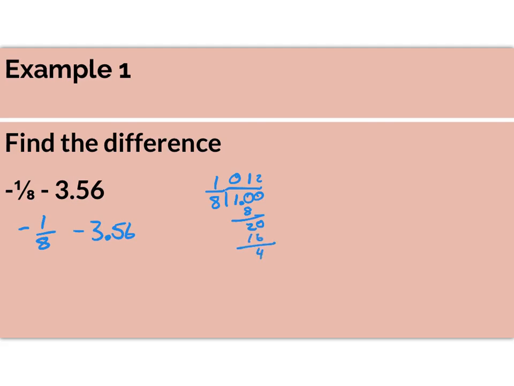Subtracting, you get 4. Add another 0. And 8 goes into 40 five times. Subtracting, you get 0. Now we can see how this terminates. So 1/8 is the same as 0.125, and we have negative 0.125 minus 3.56. Now that these numbers are written in the same form, we just perform our operation.